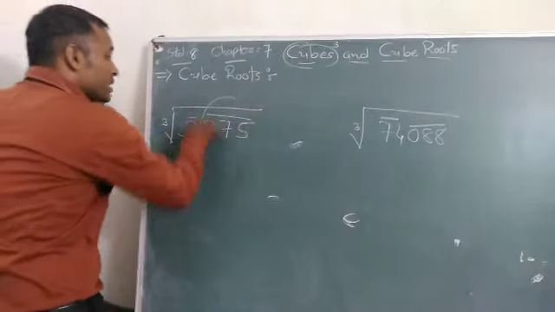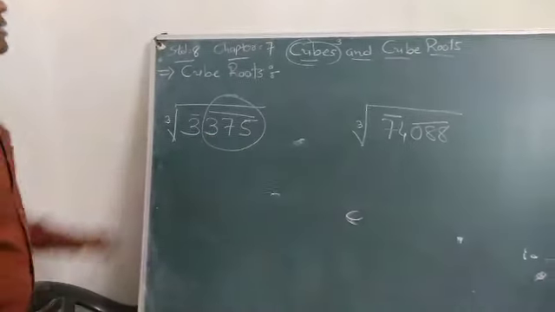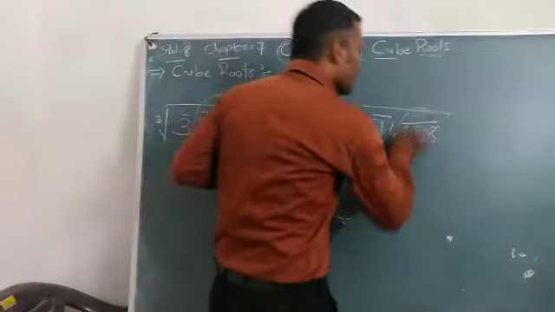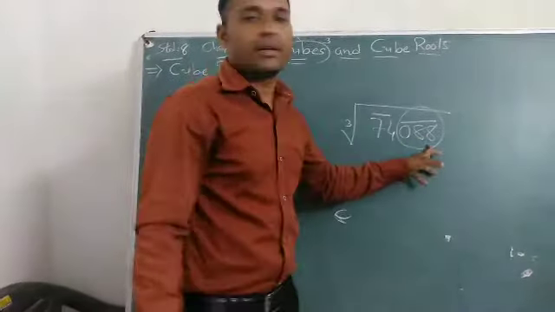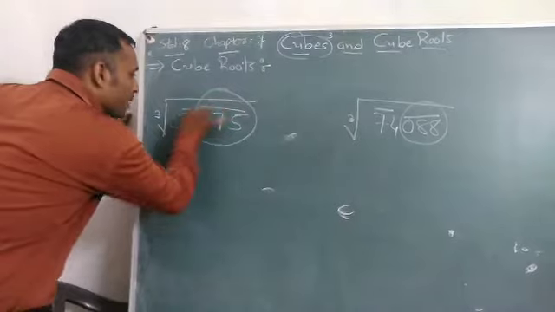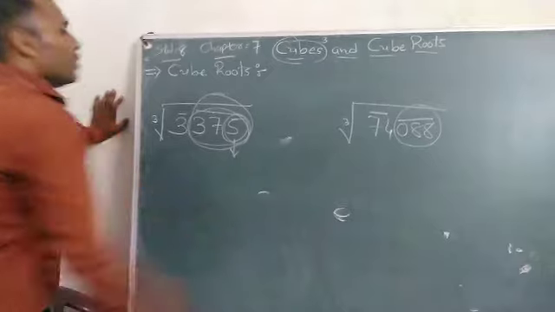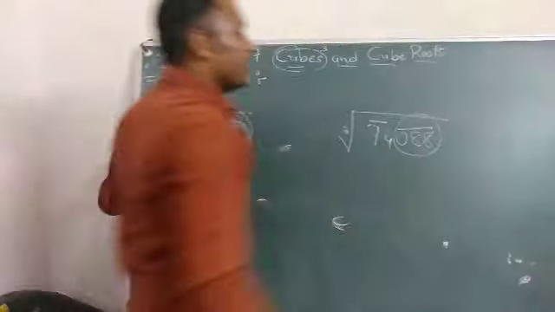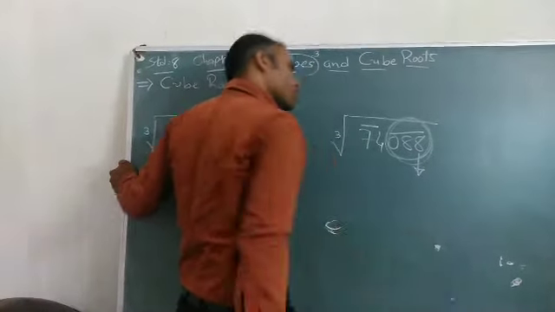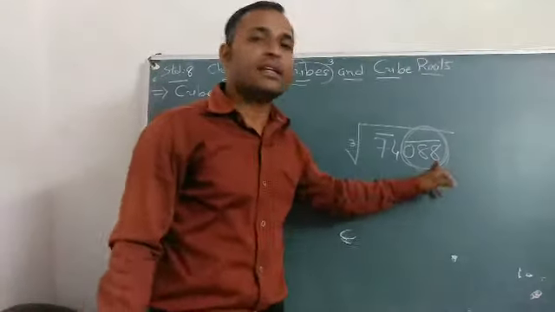Okay. Now, first of all, discuss about this 375 and here the number is 088, meaning 88. From these groups of 3, in this group the unit place is 5 and in this group the unit place is 8.